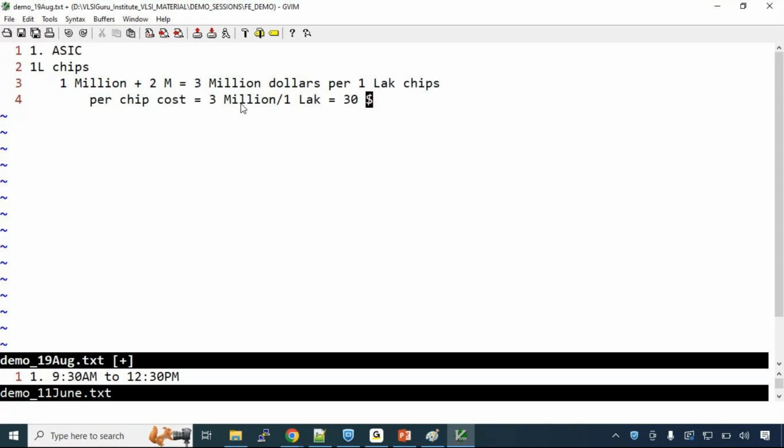As I manufacture more, my per chip cost will be less. Whereas in FPGA that won't happen. Per chip cost will always be fixed for you. It will be $50 only. As I manufacture more chips, this 30 will come down to 27, 26, 25, like that.